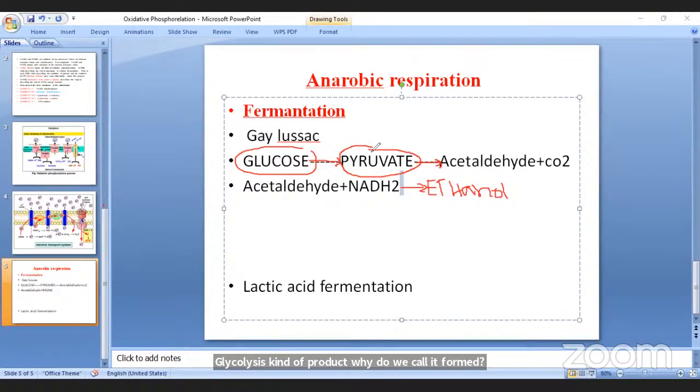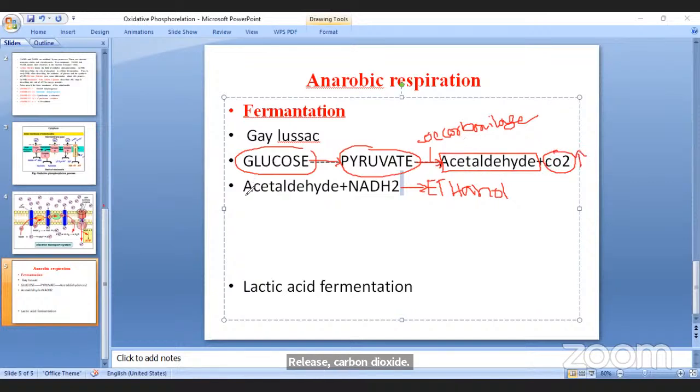After formation of pyruvic acid, with the help of the pyruvate decarboxylase enzyme, it is converted into acetaldehyde, releasing carbon dioxide.